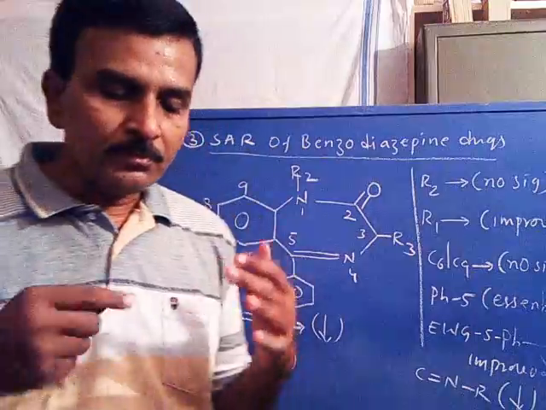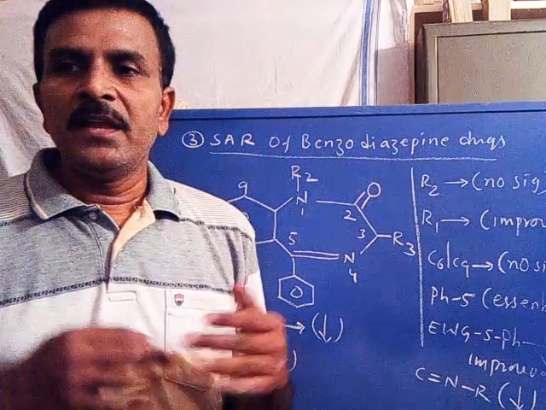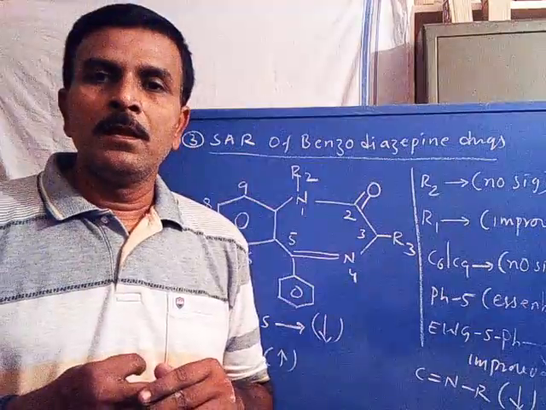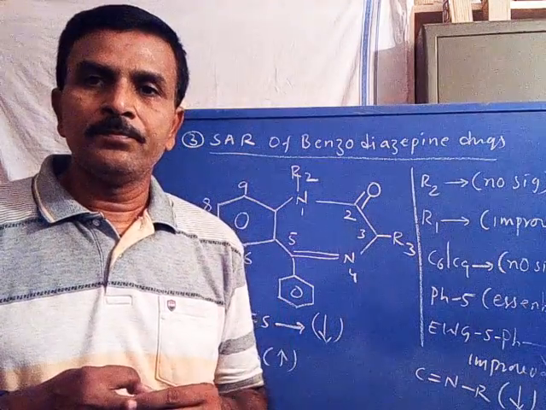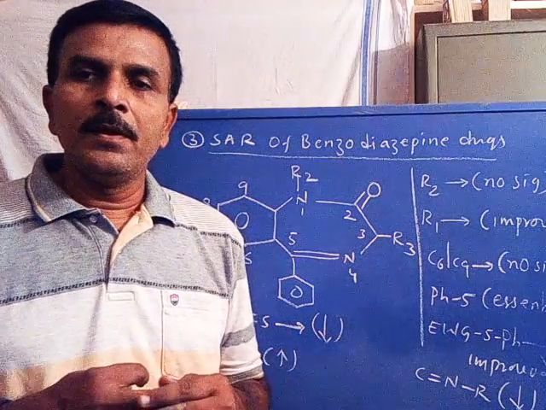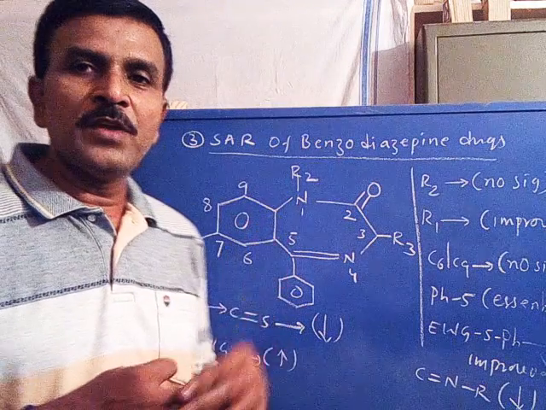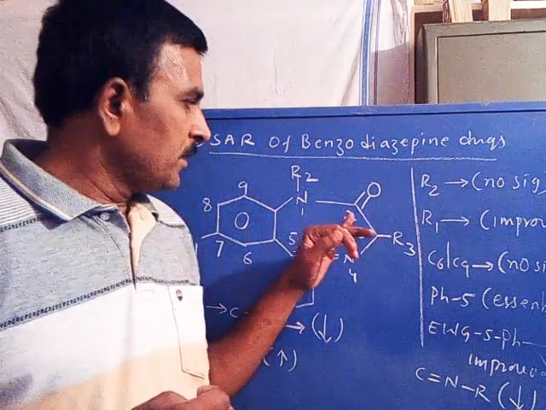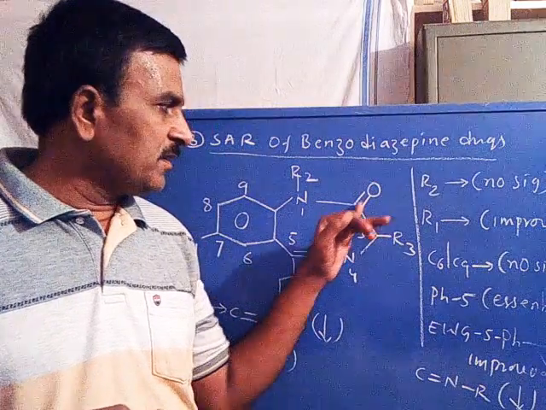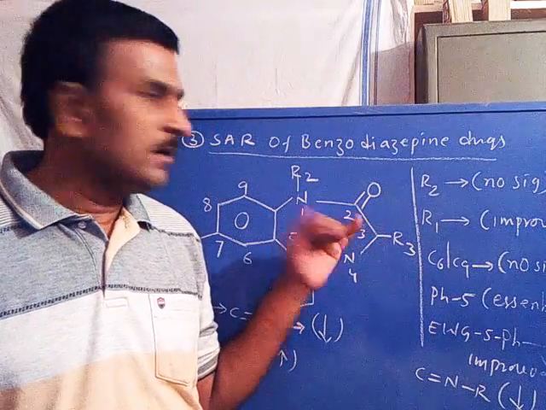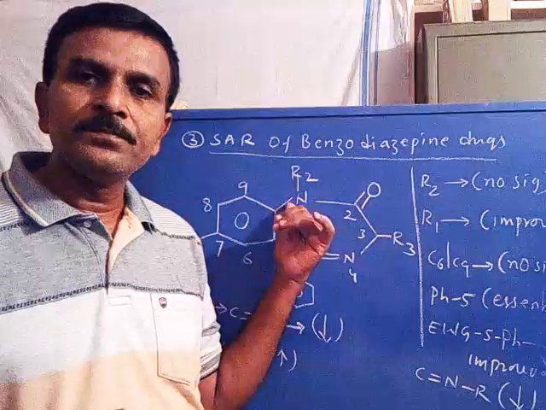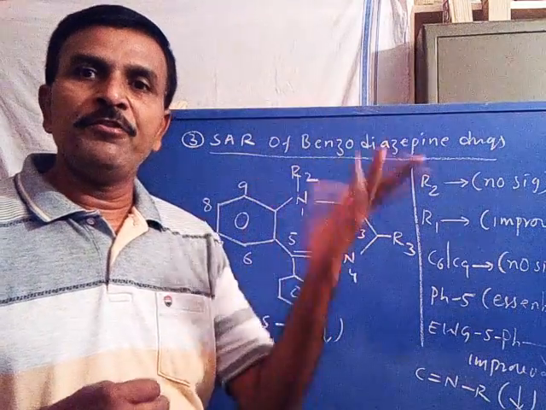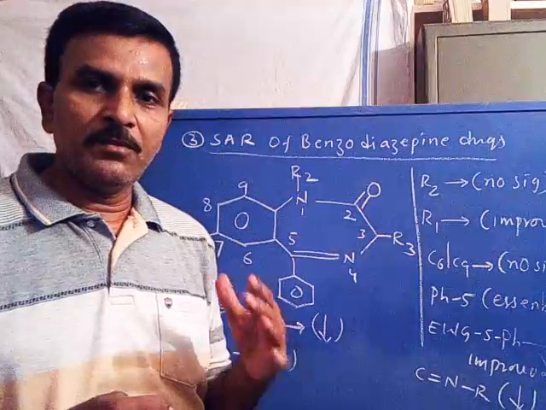Now, last one, when the C double bond O group on C2 carbon is involved or conjugated with nitrogen atom, that is C2 carbon atom, that is C double bond O oxygen and nitrogen, if fused with the other ring. Are you following?